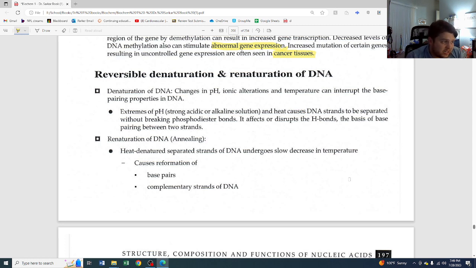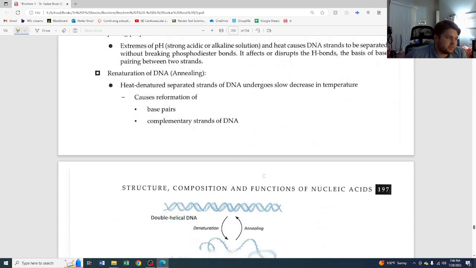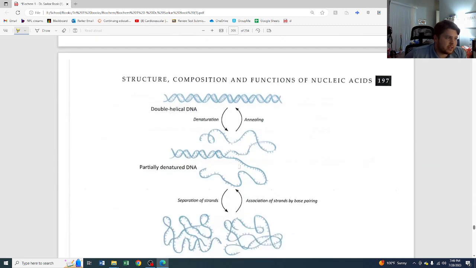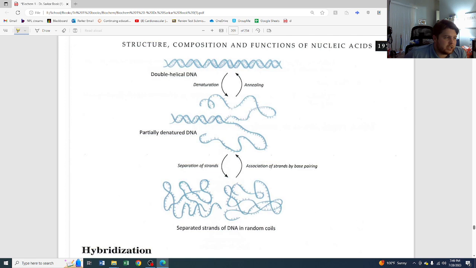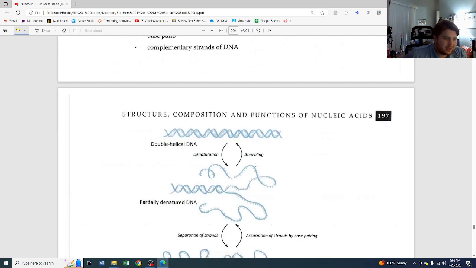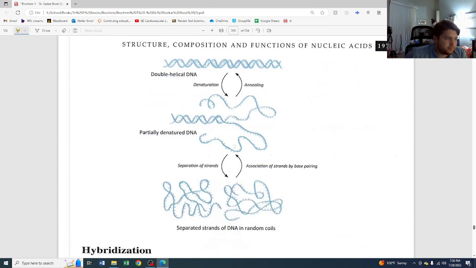Renaturation of DNA is also called annealing. Heat-denatured separate strands of DNA undergo a slow decrease in temperature, and that causes the reformation of the base pairs, complementary strands of DNA all coming back together. So denaturing DNA is breaking it apart, and annealing or renaturation is it coming and forming back together again.